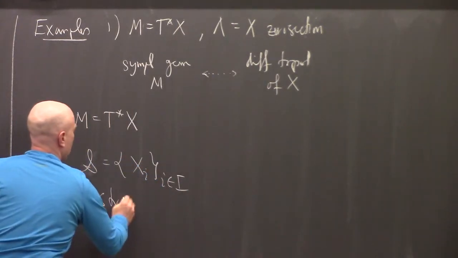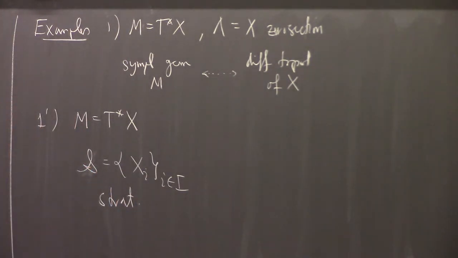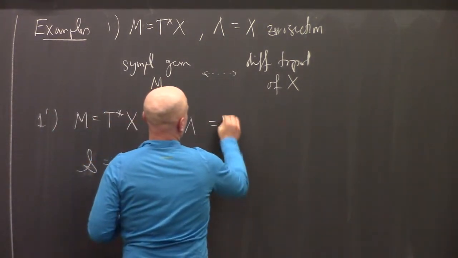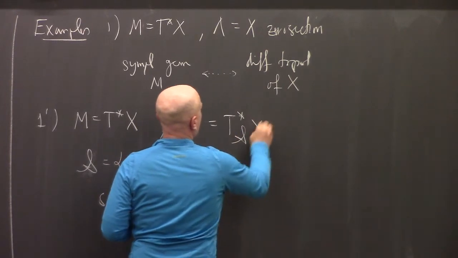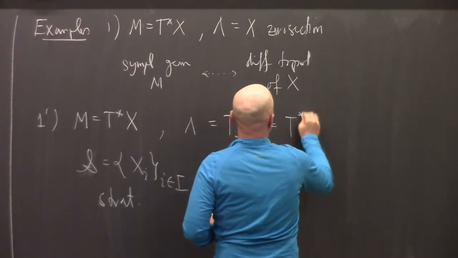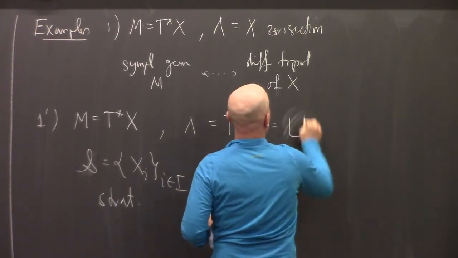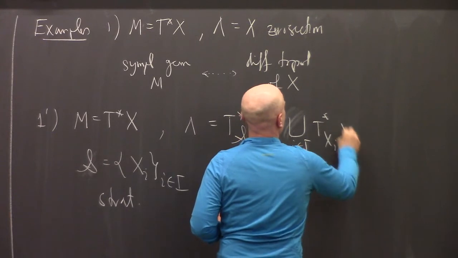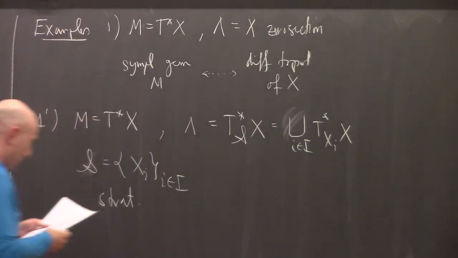So a stratification is a reasonable decomposition of X into submanifolds. And then we can take Lambda to be T star_S X, which is the union of the conormals to the strata, the union over i of T star_{X_i} X.